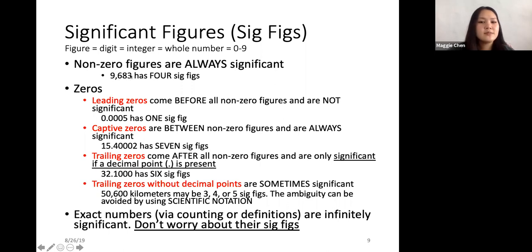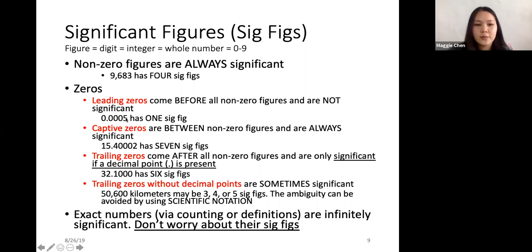But what does it mean if we have zeros? Zeros are a little bit more complicated, where there are different rules for which zeros are significant or not. Leading zeros come before all non-zero figures and are not significant. So if we have, as an example, this number 0.0005, we're not going to count these leading zeros before this non-zero figure, the 5.